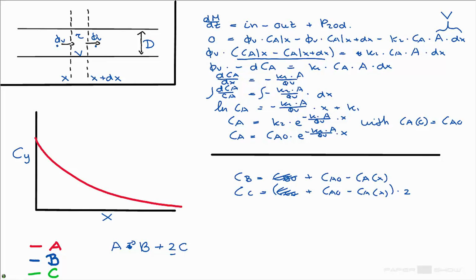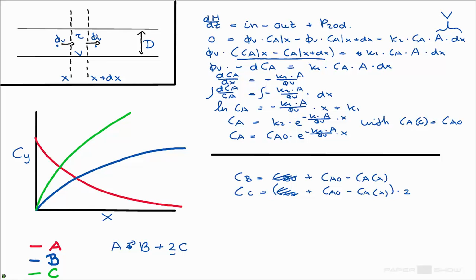And I can also draw this, right? Because I know that B starts at 0 concentration, and for every molecule A converted, we get 1 of B back, and we get 2 back from C. So this is the graph that you should have drawn.